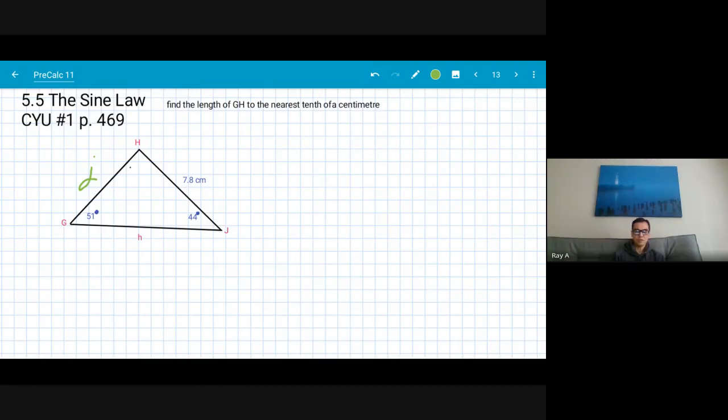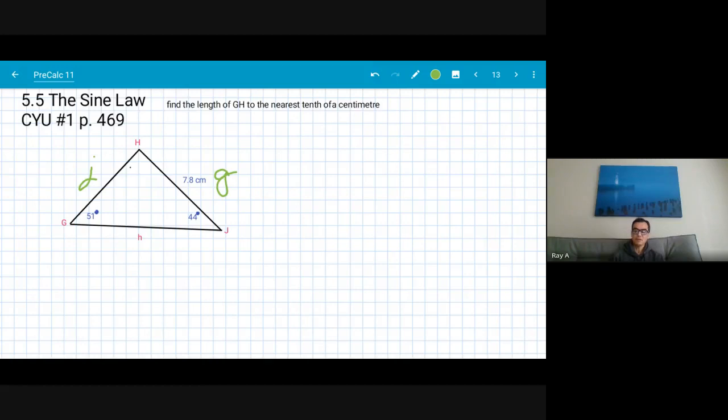Little h is also already used to represent the side opposite angle H. You may want to label this side as little g, and nobody's stopping you from doing that. But do you really need to? Not anymore, because there's already a value. What I usually do is, if there's no label on a side or an angle, I will put a letter to it. Like in this case, if the 7.8 wasn't there, I would label it with a letter. So we don't have ABC, but we have GHJ.